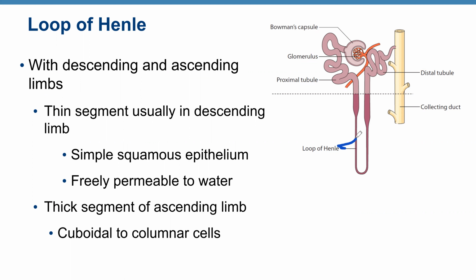So the water will flow in and out, so it's permeable to water. The thick segment of the ascending limb is made of cells from cuboidal to columnar, and it's not permeable to water.